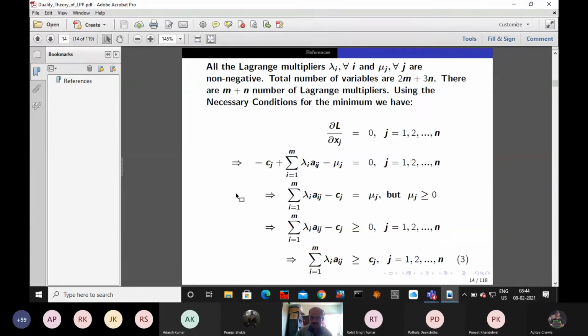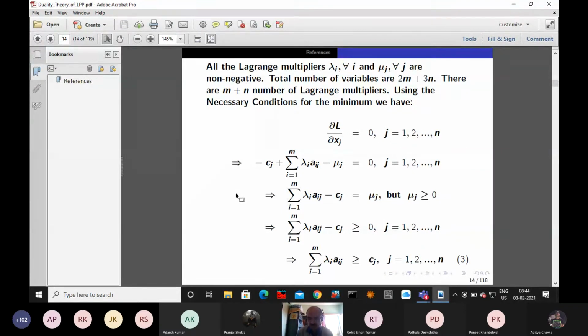So the Lagrangian function is a function of several variables: x, lambda, mu, s, t, etc. We'll take derivatives one by one. First, we'll take the derivative with respect to x_j, then the derivative with respect to lambda_i, the derivative with respect to mu_j, the derivative with respect to t_j, and the derivative with respect to s_i. So these equations you have to simplify.